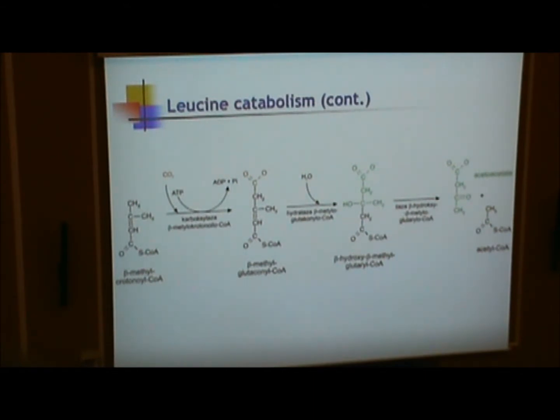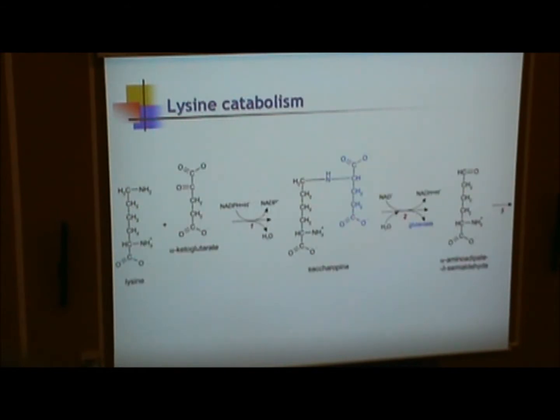The other ketogenic amino acid is lysine. This is lysine. Lysine has two amino groups, the alpha amino group and the epsilon amino group. Lysine is also converted to ketone bodies, but its metabolism is very complicated, so we don't require the knowledge of this process.